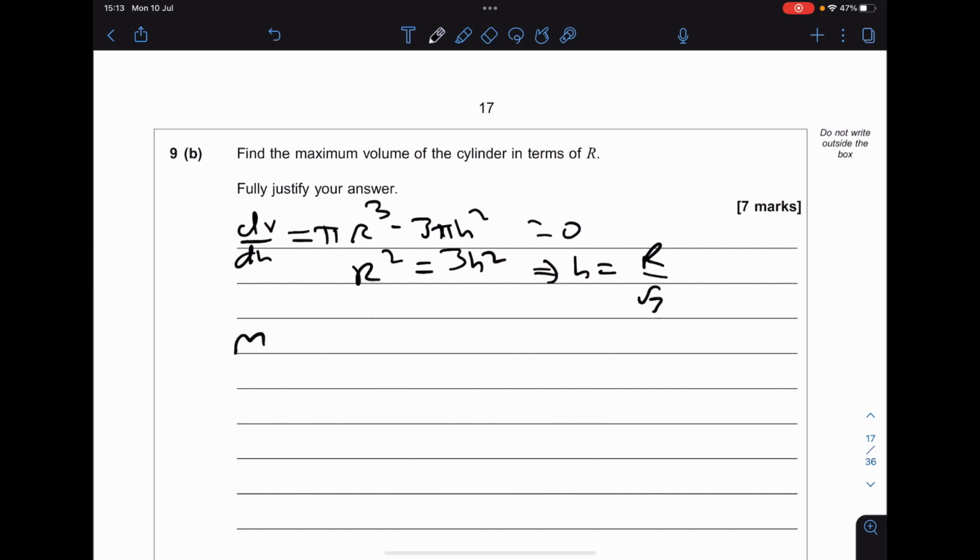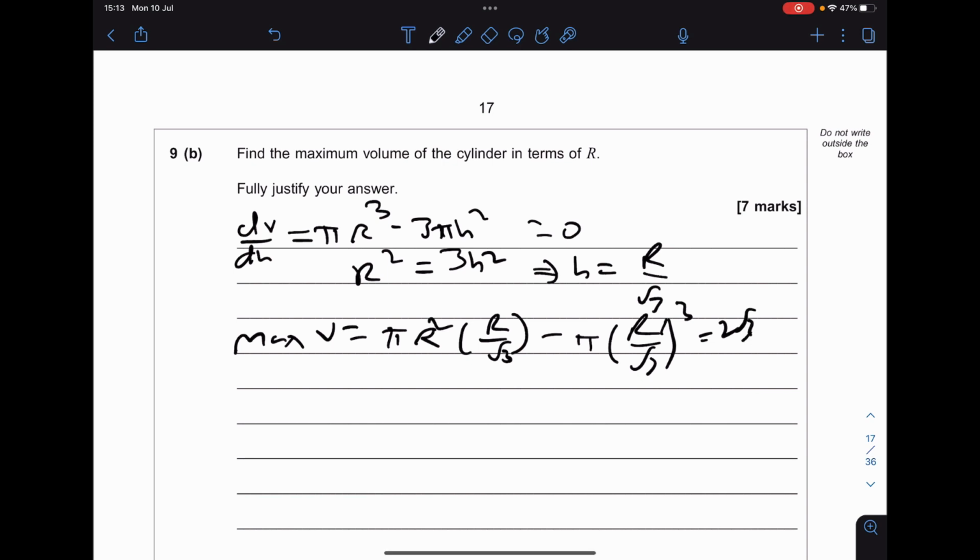So the max V would just be pi R squared times R over root 3 minus pi times R divided by root 3 cubed, which is 2 root 3 pi R cubed divided by 9. The second derivative with respect to h is just minus 6 pi h.